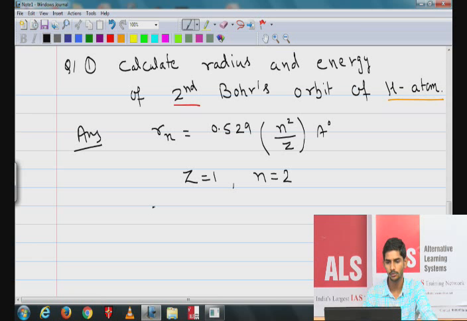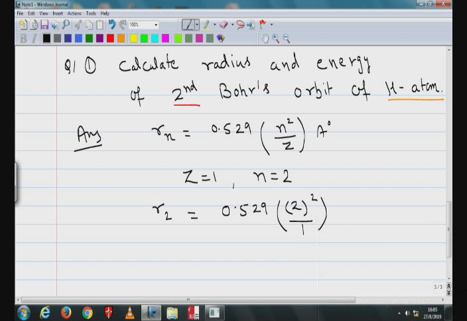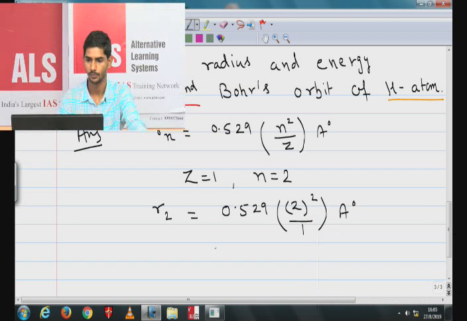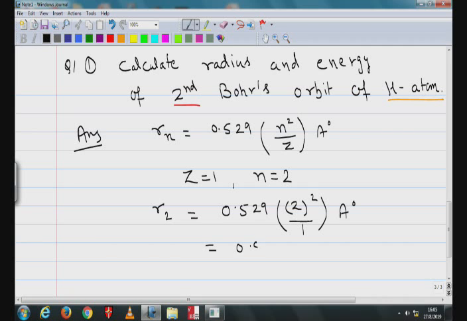So, if I solve for the second orbit, because they were talking about the second orbit, it will be R2. You will say 0.529 into 2 square upon 1 angstrom. Now, it will be 0.529 into 4.